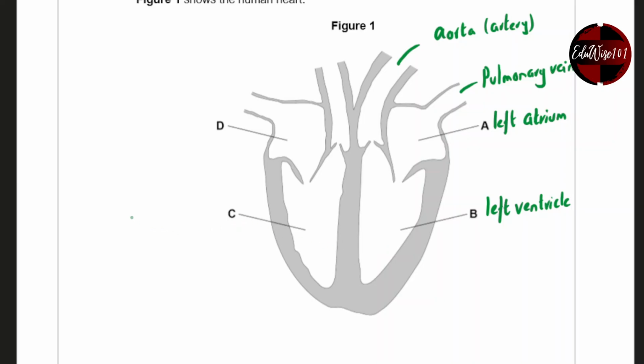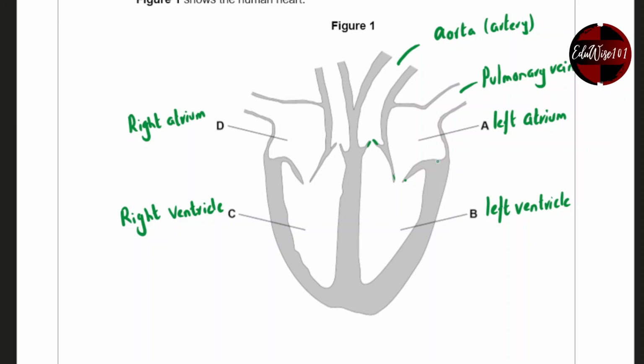On this side, this is the right ventricle, C. And D is the right atrium. Now these valves, which is basically here, and these two, they're called bicuspid and tricuspid valve.